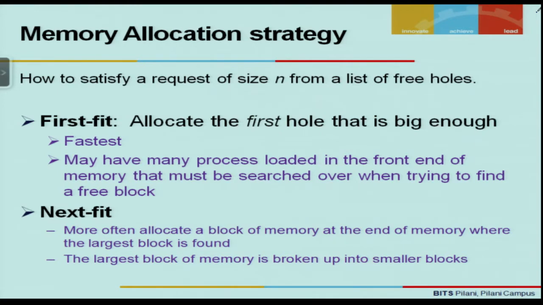Therefore, to overcome this particular issue where the front end of the memory is completely filled, it was thought, why not leave the first hole. So, in case of allocation, as soon as the first request comes in, we start searching the free list. In the free list, we leave out the first fit, that is the first hole where the process can be fitted.